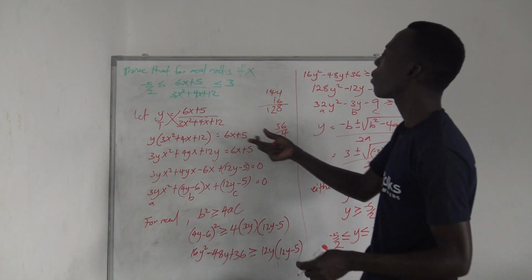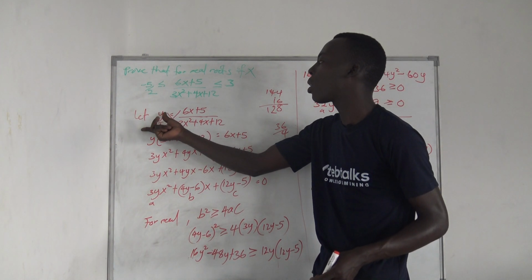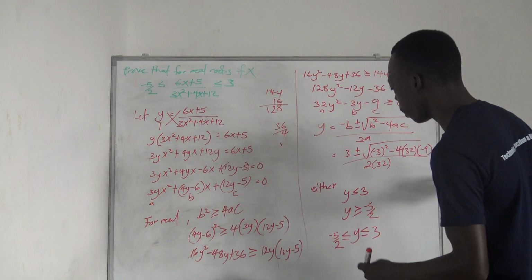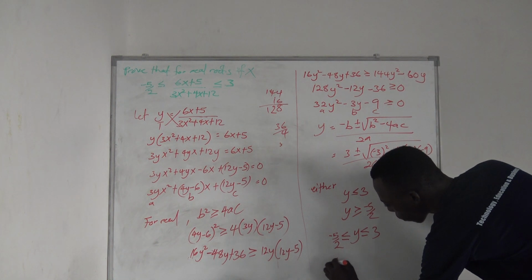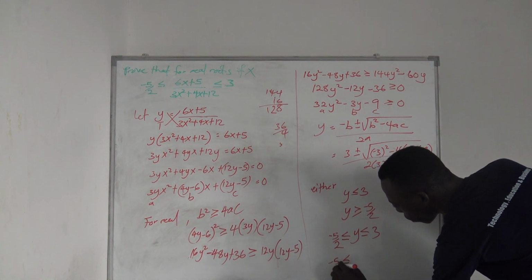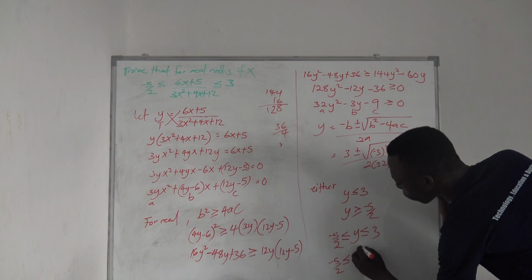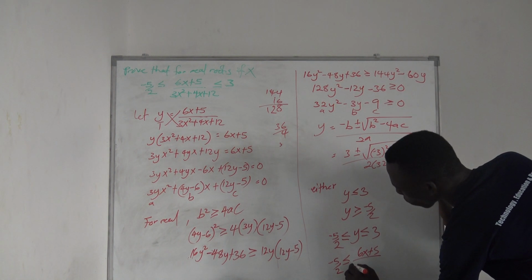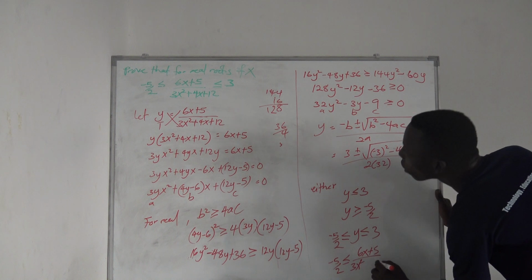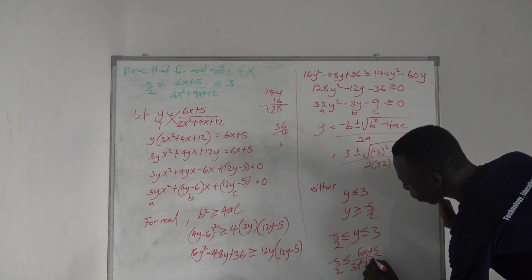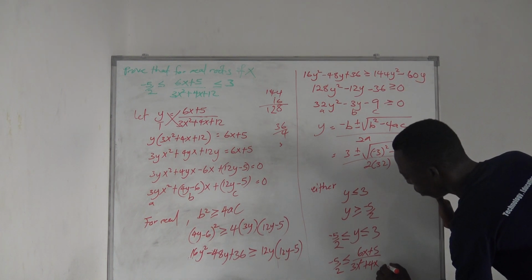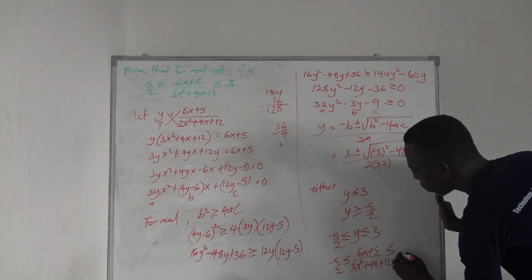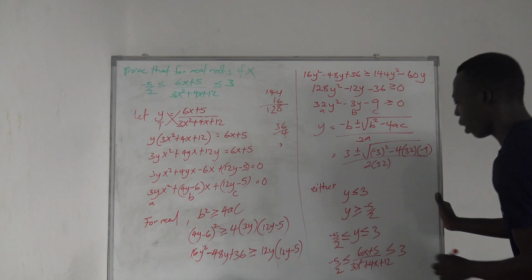But they also gave us that y is equal to this one. So we come here and substitute: negative 5 out of 2 is less or equal to 6x plus 5 out of 3x squared plus 4x plus 12, less or equal to 3.